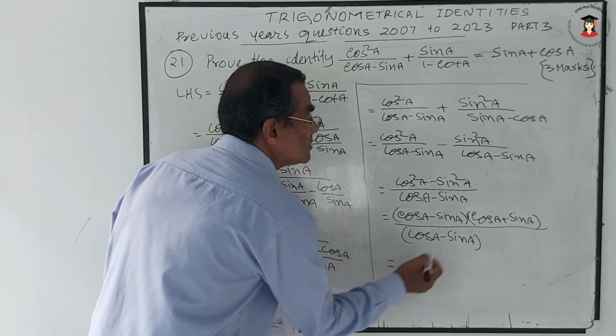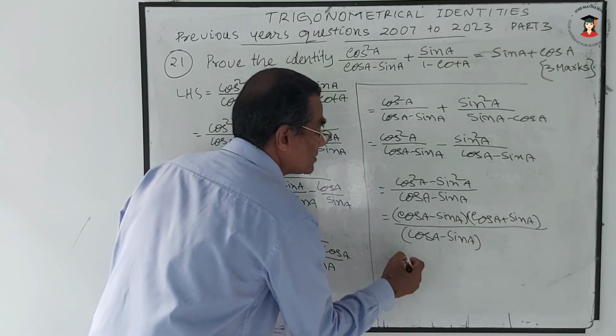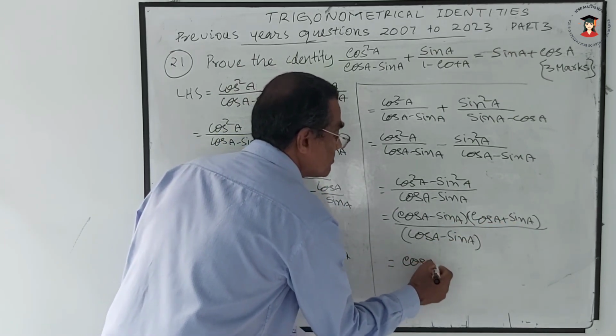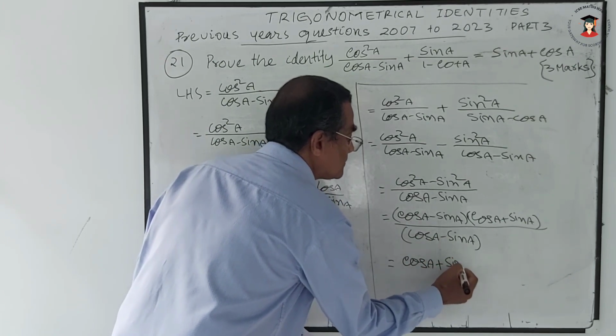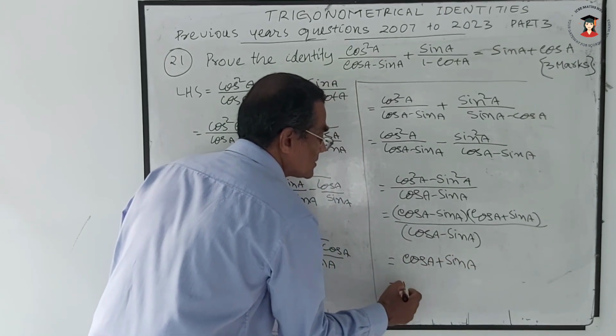So the remaining is 1 into cos A plus sin A, which is cos A plus sin A, equal to RHS.